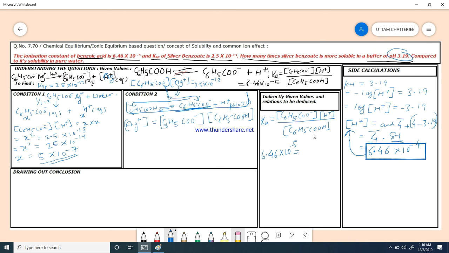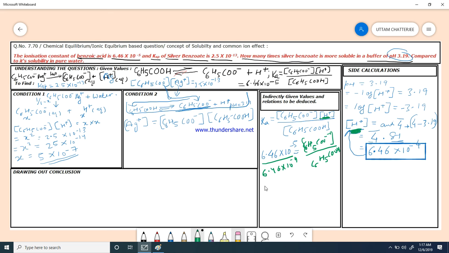We can put this value of H plus in place of this, so this will become C6H5COO minus by C6H5COOH, and H plus can be brought in the denominator here as 6.46 × 10 to the power minus 4.